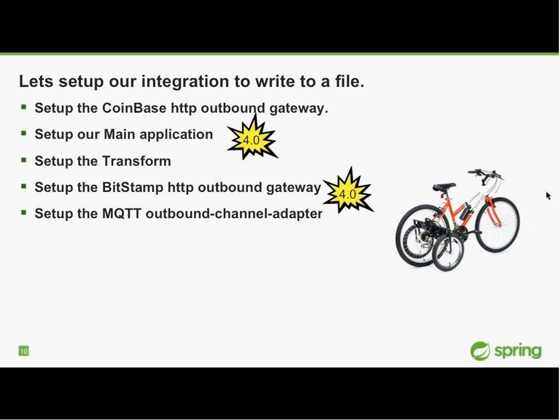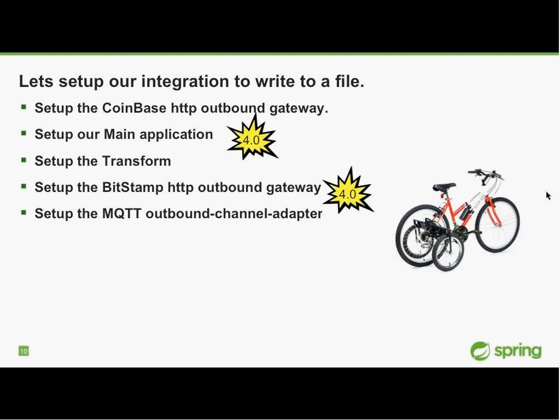So we're going to go ahead and start writing our Spring Integration app right now, which is going to go out and retrieve the data from the banks and the markets. But I wanted to show you a couple of things here. The bike with the training wheels is for me to say, first we're going to output the data to a file versus going directly to MQTT, just to make sure I've got all the flow going and it's right.